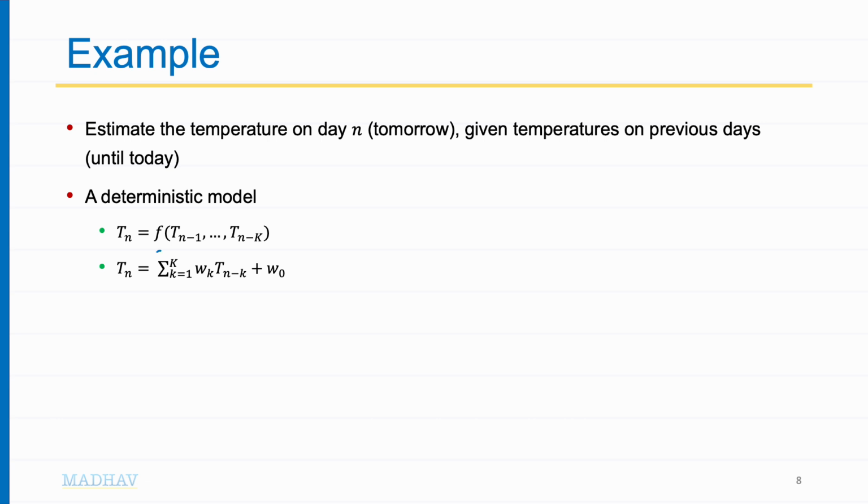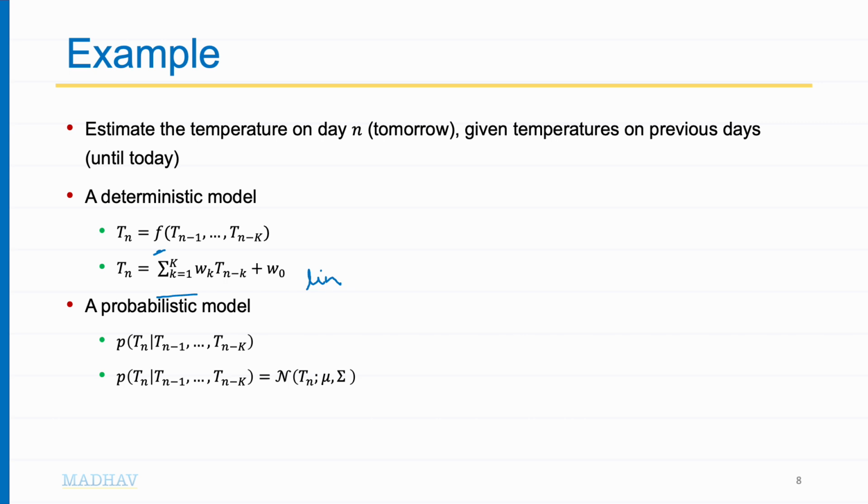And for the probabilistic model, as I discussed, you can say my Tn is distributed normally, where mu and sigma are functions of past data.